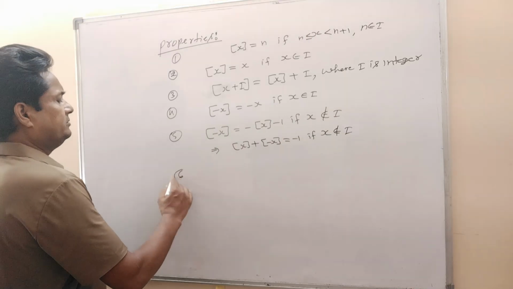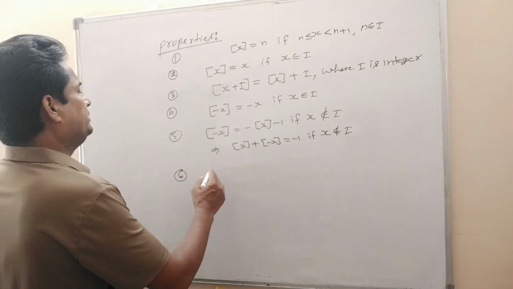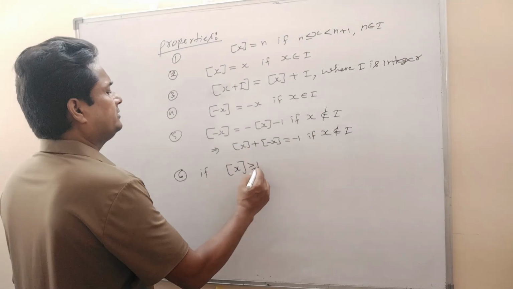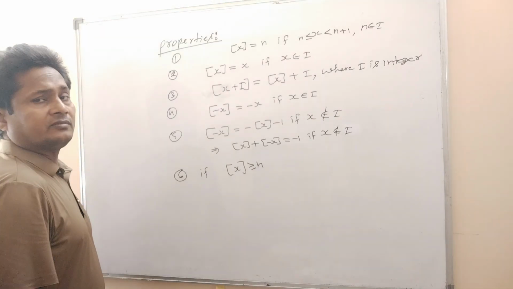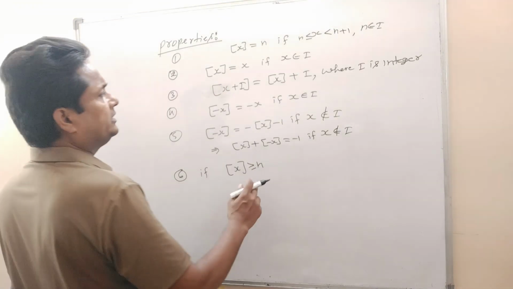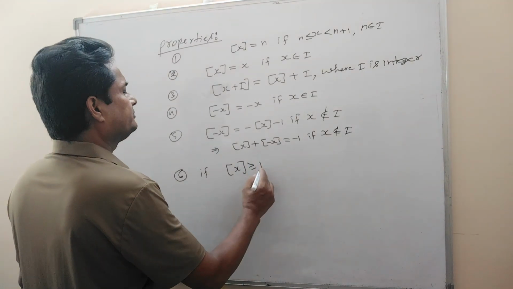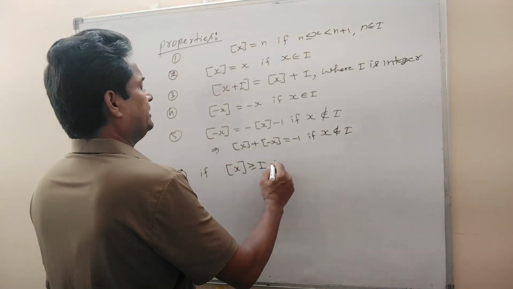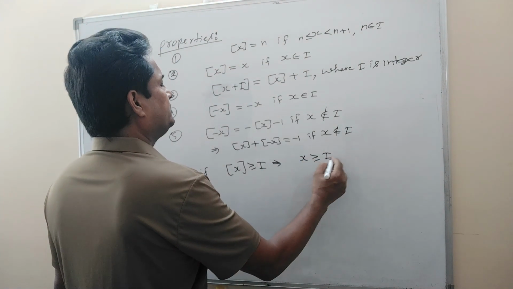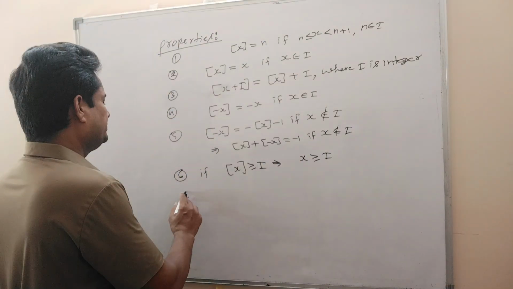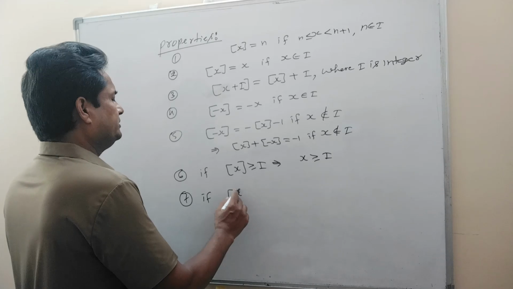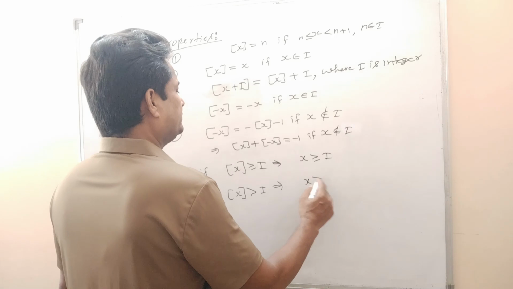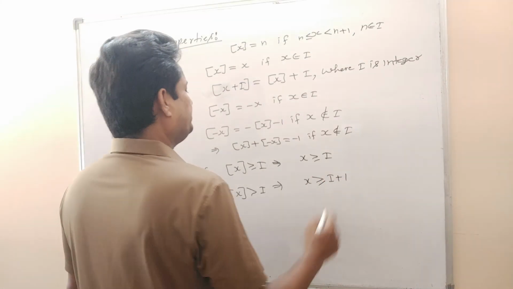Right. Number 6 property: if greatest integer of x is greater than or equal to I, then what will be the answer? x will be greater than or equal to I. Number 7, if greatest integer of x is greater than I, then x is greater than or equal to I plus 1.